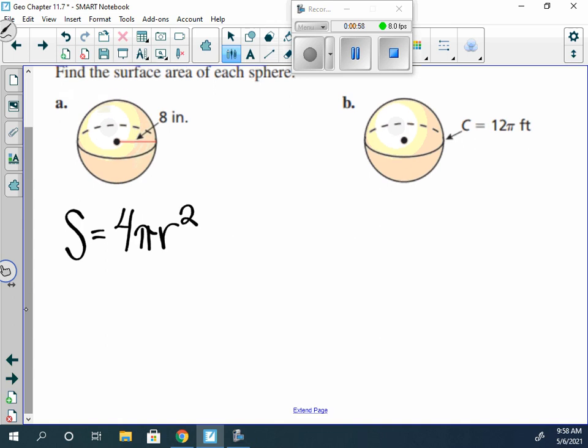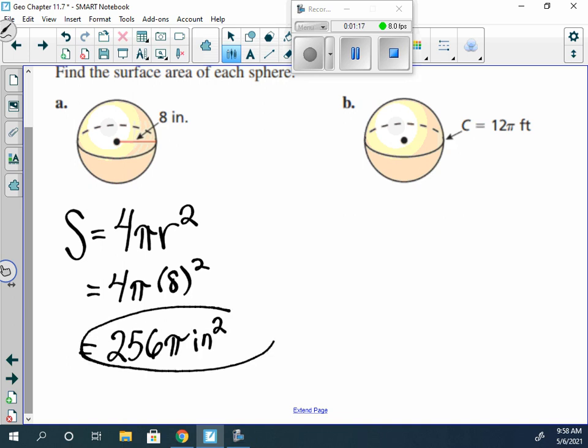They told us that the radius is 8, so we can plug that in. We'd have 4 times pi times 8 squared. And if we wanted to include units, it'd be inches squared. That's it.